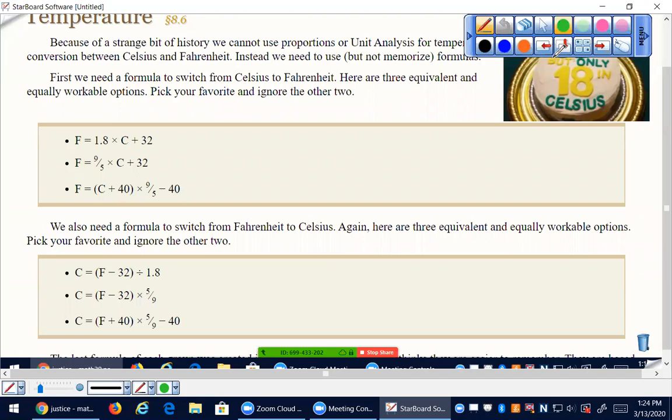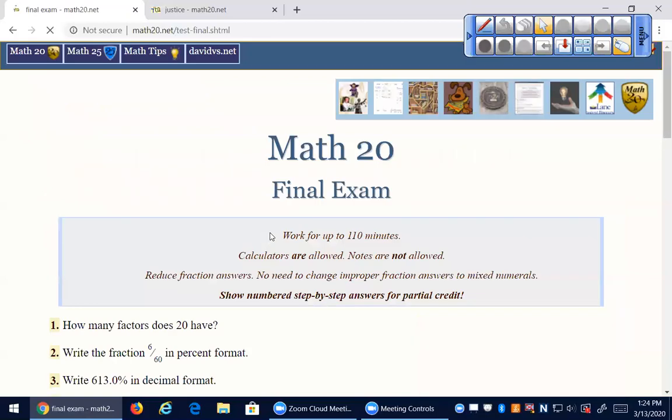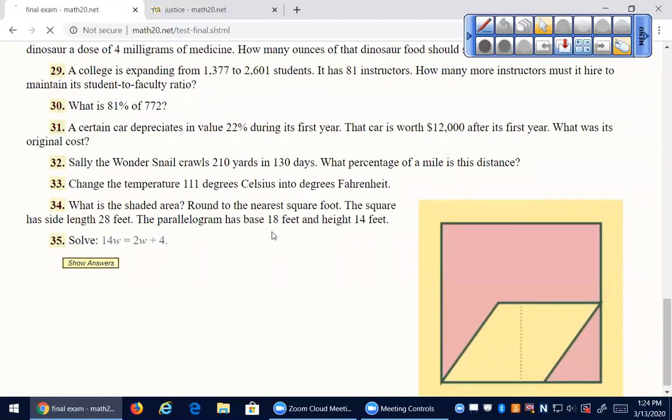Okay, are you done with the screen? Yeah. Okay. So let's go back here and reload. There we go.